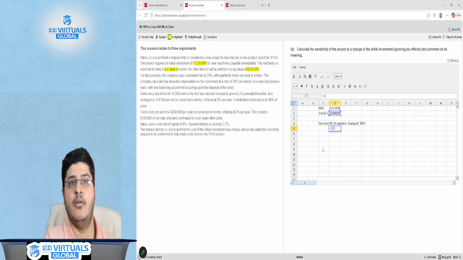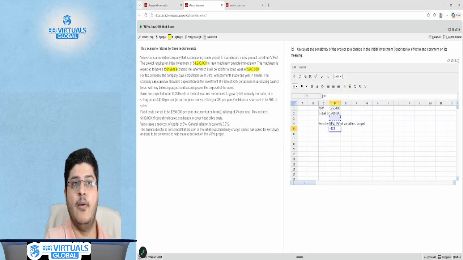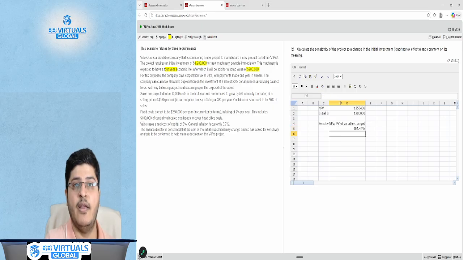Actually, one second, if you put the reverse formula, it should be NPV divided by present value of variable changed. Okay, clear? So what is NPV? 1253408 divided by 1,200,000. And this you have to answer in percentage terms. So sensitivity is 104.45%.